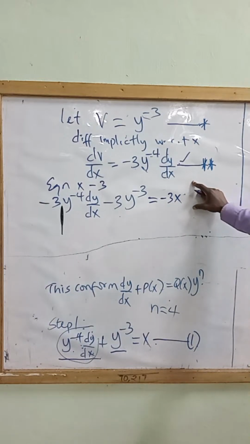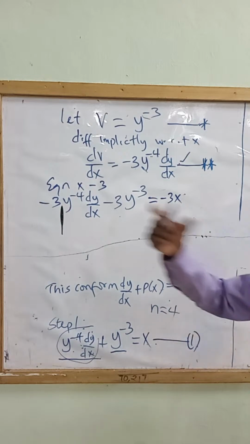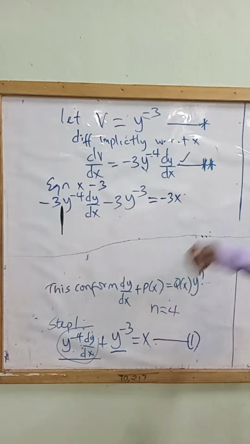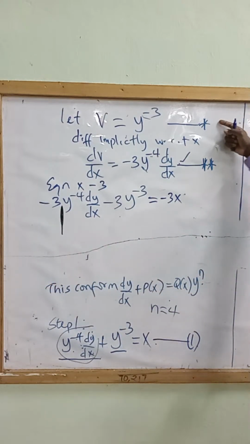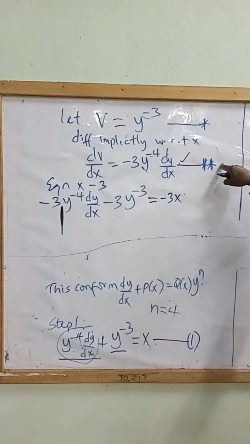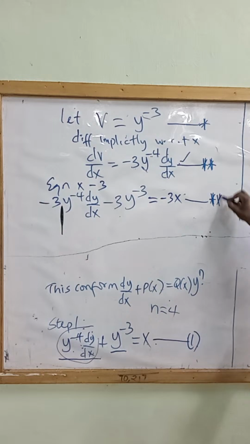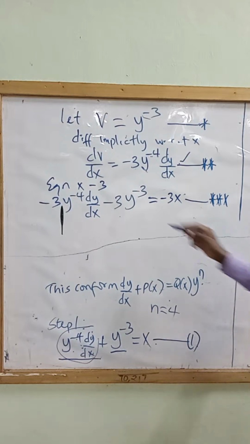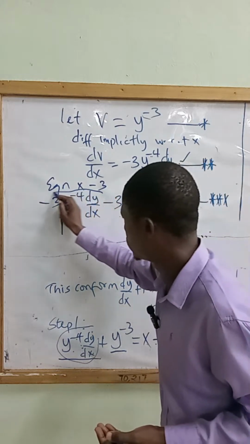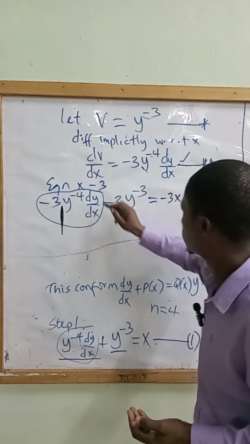The next thing to do now is to begin to make substitution. Plug in your asterisk 1, plug in your asterisk 2 into this one, into asterisk 3. Make substitution. So this one will be equal to what?